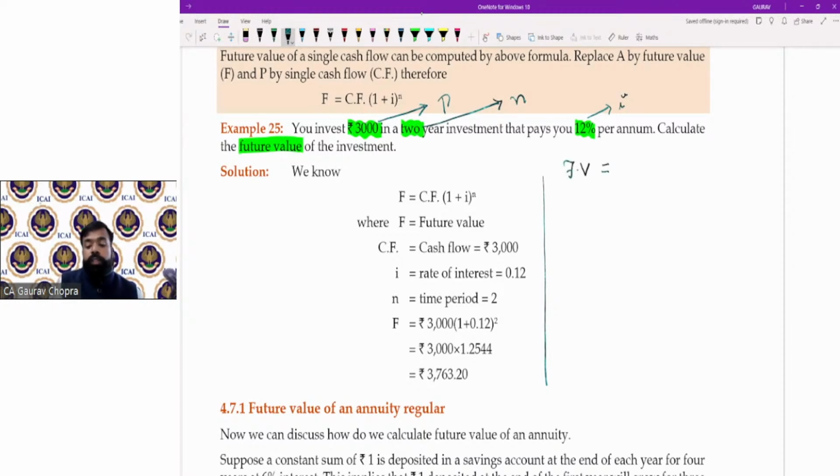तो फ्यूचर वैल्यू इज इक्वल टू प्रिंसिपल 1 plus I to the power of n. So what is the principal? 3,000, then 1.12 whole to the power of 2. So let's calculate. Then multiply by 3,000. 3763.2.